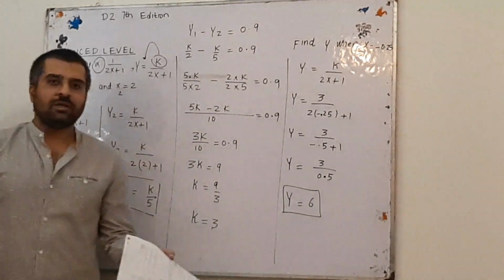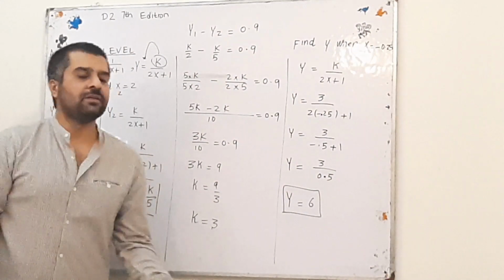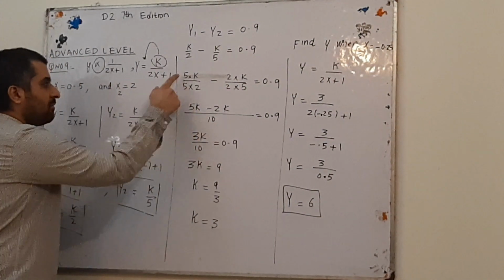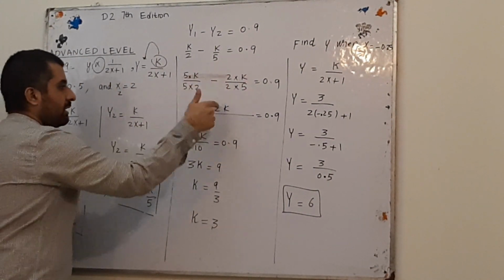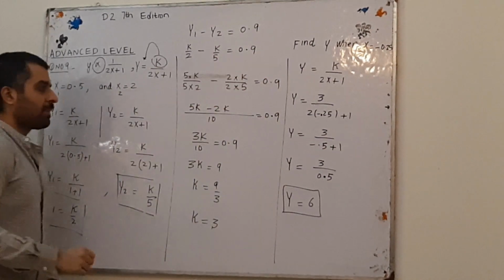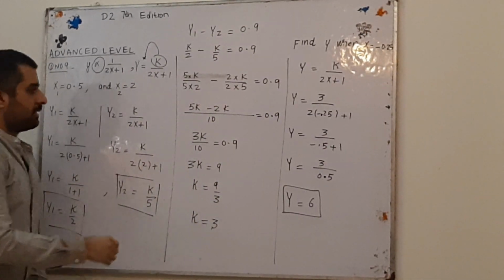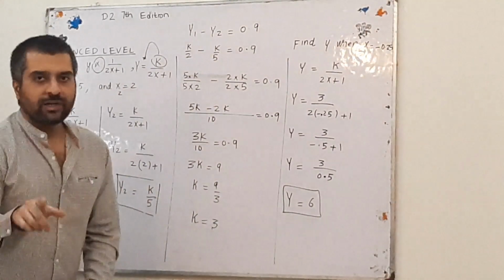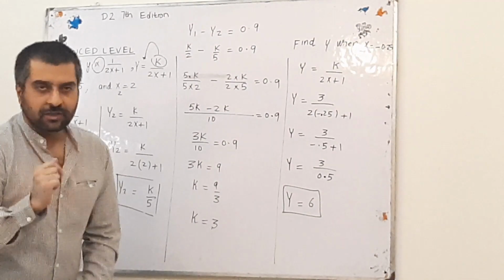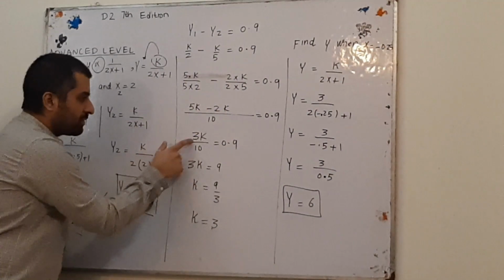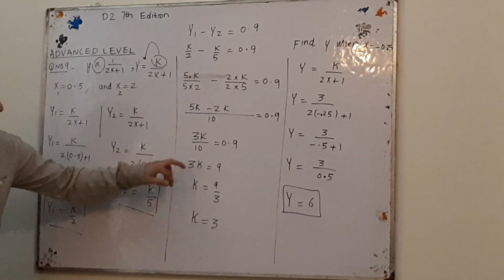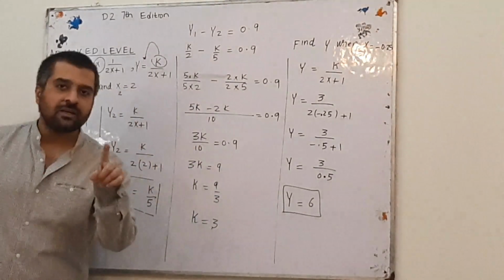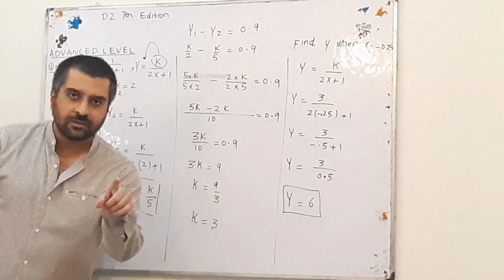Now take the LCM, 10. Then 5k minus 2k will be equal to 0.9. Our purpose is to find the value of k. 5k minus 2k is 3k, and to find k, isolate k.